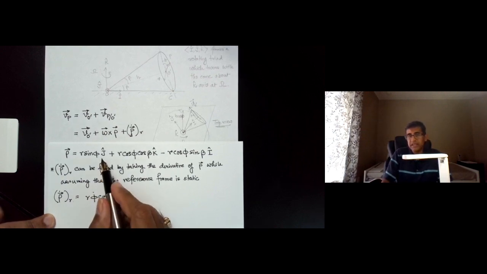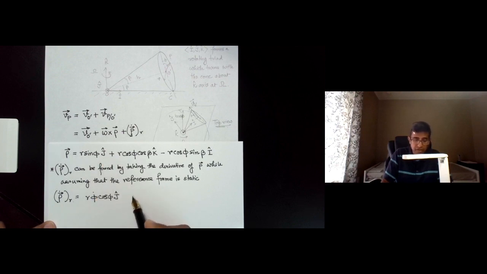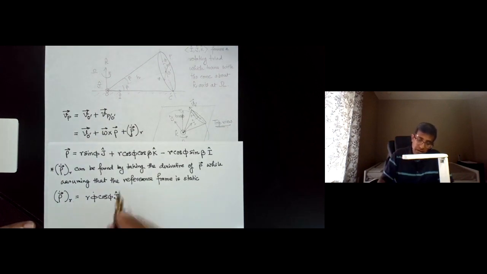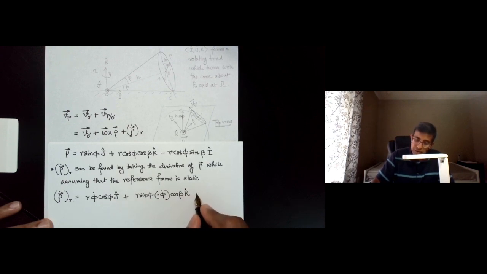Although j is a unit vector in a rotating reference frame, we are not going to differentiate j, so we are not going to have a j dot term here, because we are only finding the velocity within the rotating frame. Plus r sine phi times negative phi dot cosine beta, and beta is the angle of the cone, so that is a constant, a parameter.